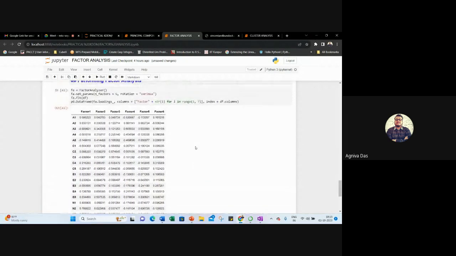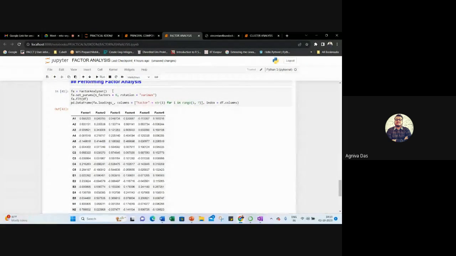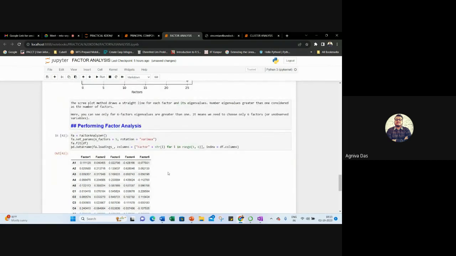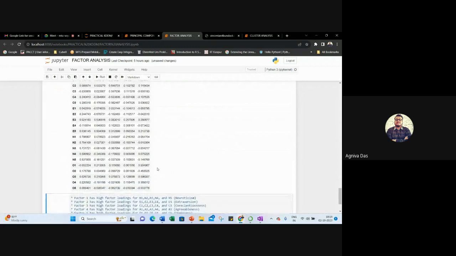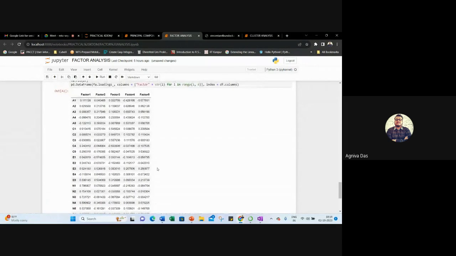That means we can also drop factor 6, right? If we can drop factor 6, we can simply write n factors 5. And let's see what happens. Yes, so now we have up till factor 5.